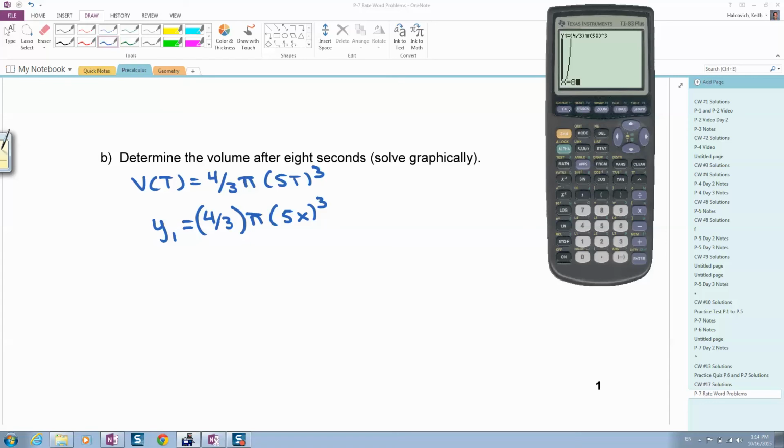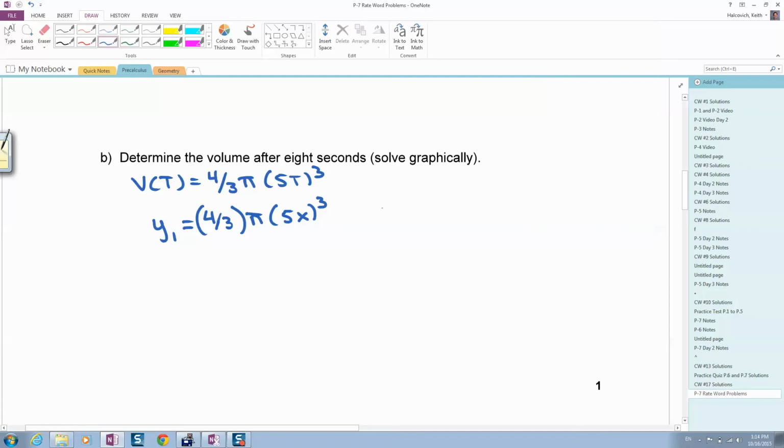So let's see if we can extend our window more for the y. And let's go to 500,000. So notice now 8 seconds is out here. Notice now it shows up.